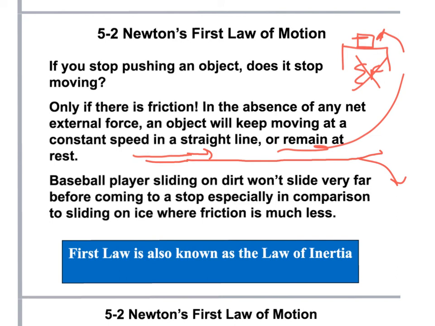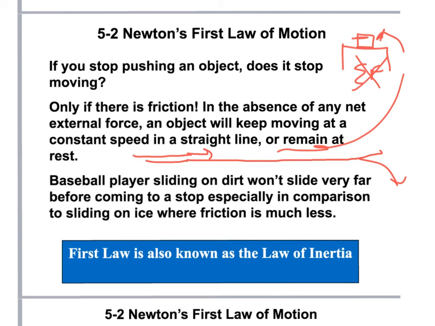And so in the absence of friction, if you stop pushing an object, it's not going to stop. But as long as you have friction, it'll stop moving. So the first law, our little blue box down here, is also known as the law of inertia. Inertia is a tendency to resist change.